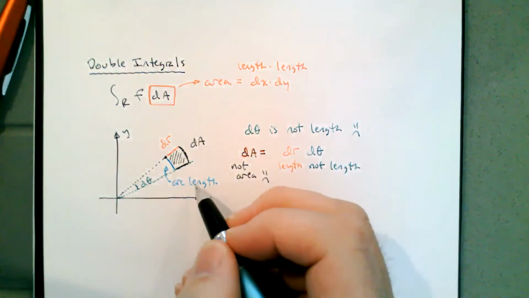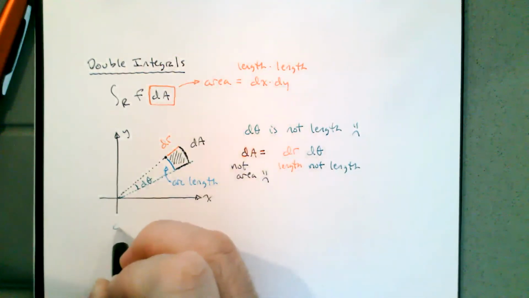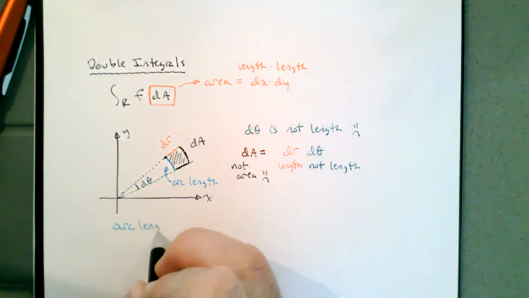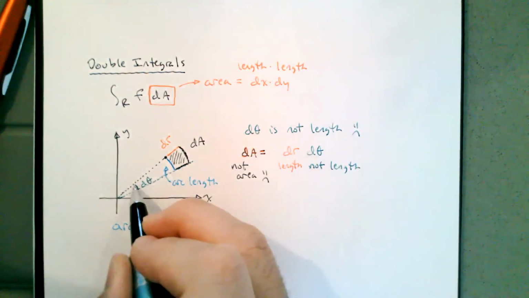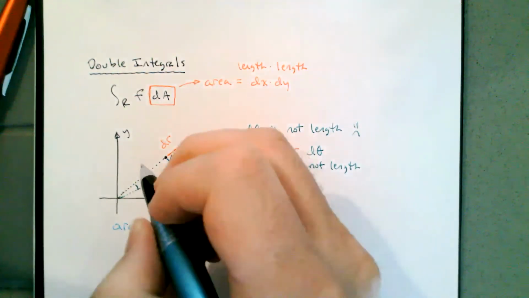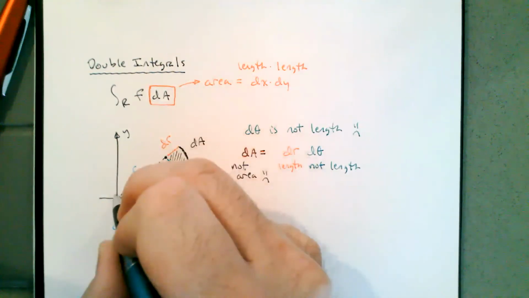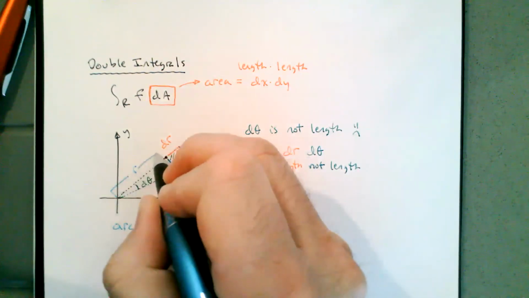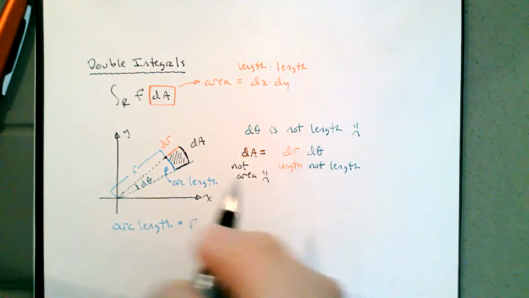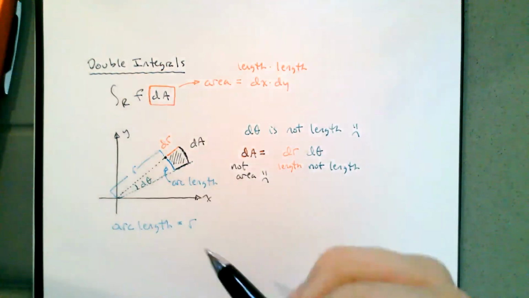So we want to calculate the arc length, and arc length depends on not just the angle that we go through, but how far we are from the origin. So I'm going to need the distance, and then I'll multiply the distance by the change in angle.